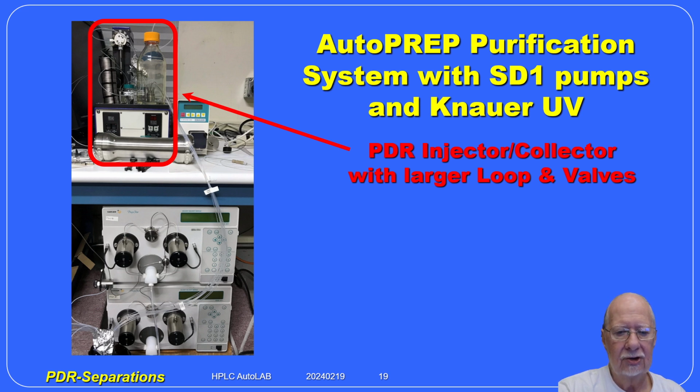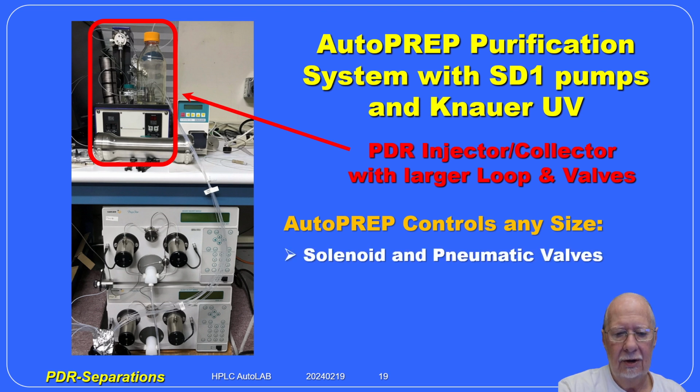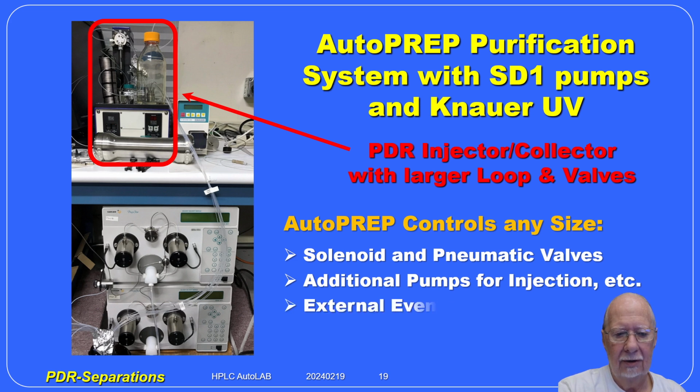Notice in this case the injector collector is fitted with larger loop and larger valves to accommodate the larger flow. AutoPREP controls any size solenoid and pneumatic valves, additional pumps for injections, etc., external events.